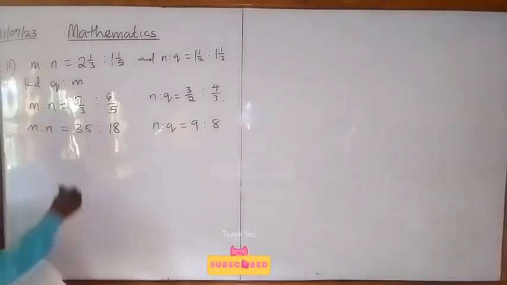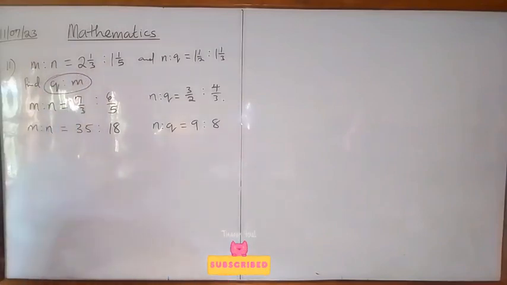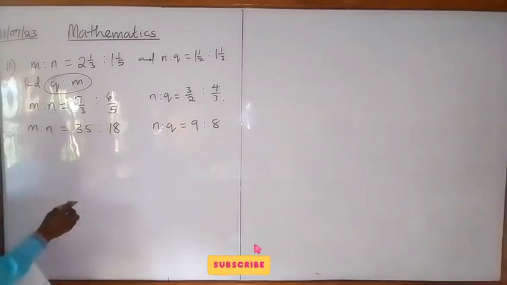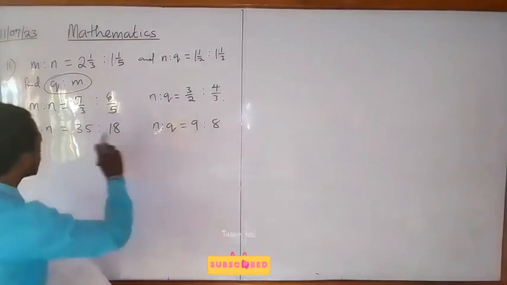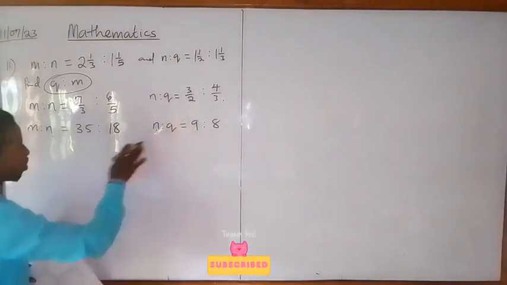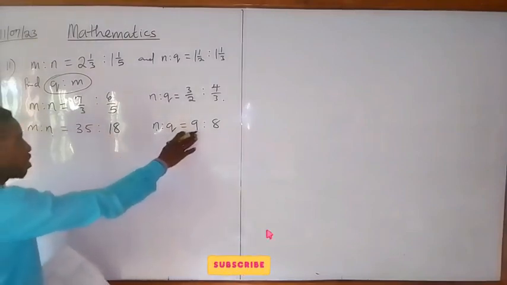Now the question says we should find q ratio n. But before we find it, we see that n is 18 here, and n is 9 here. We need to balance it so that they will both be the same number. Since this one is 18, I can equally make this side 18.